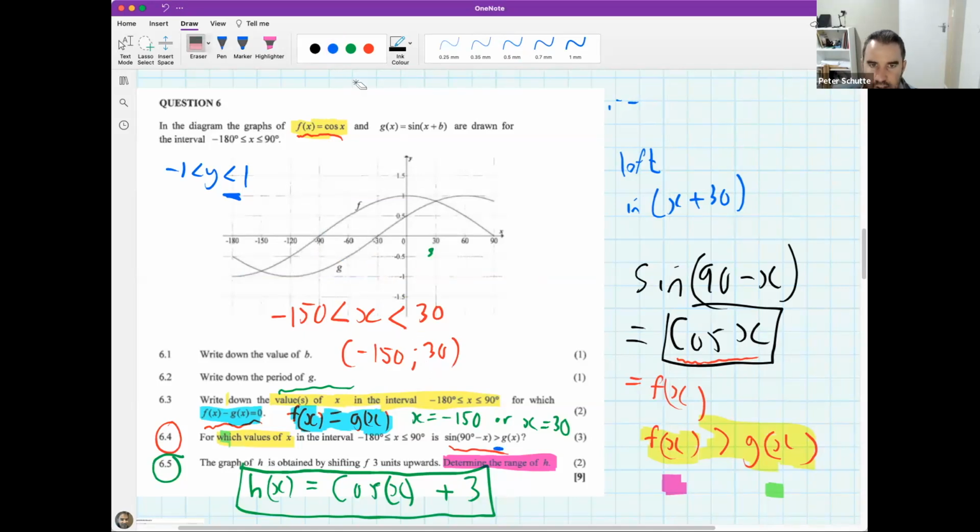So it would be wrong to include this bit for that question, because the question said, where is it strictly greater than, not where is it greater than or equal. Now, it would be equal at -150 and 30, but that's not what the question is asking for. It's asking between those two red dots, which is why it's not going to include the endpoints. And that's why there's a circular bracket here.